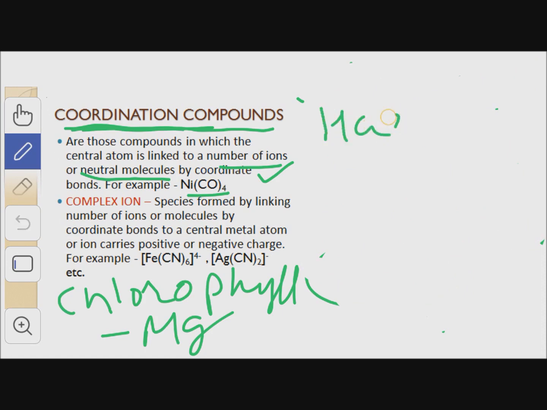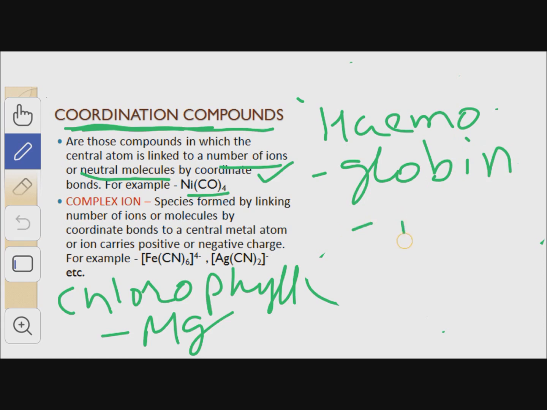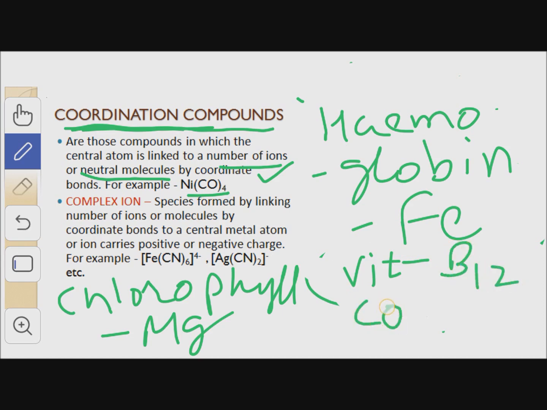Hemoglobin is a coordination complex of iron. Similarly, in vitamin B12, cobalt forms a coordination complex.